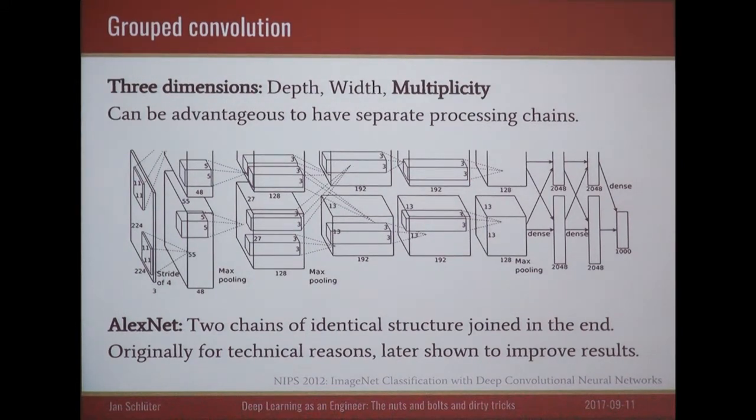It can be advantageous to have some separate computation paths that are not allowed to exchange information in between. So AlexNet already did that with two separate paths that are structured the same way. And he only did that for a technical reason because he wanted to put these two paths on two different graphics cards without any communication between them, so you could train the network faster. But it was later shown that this also improves the results.